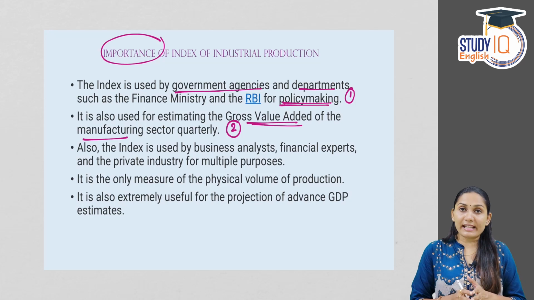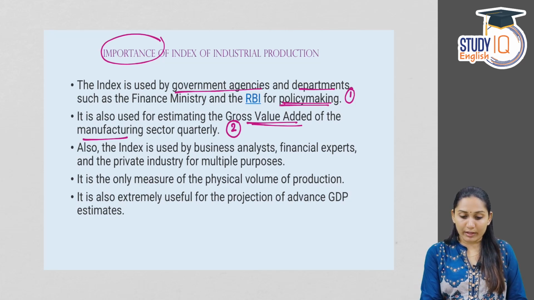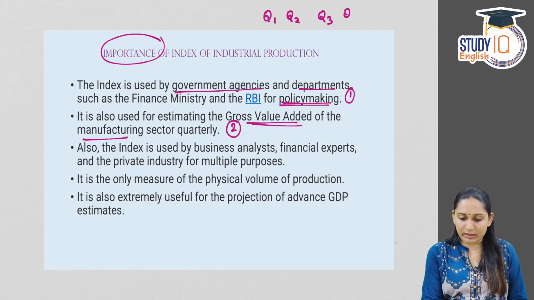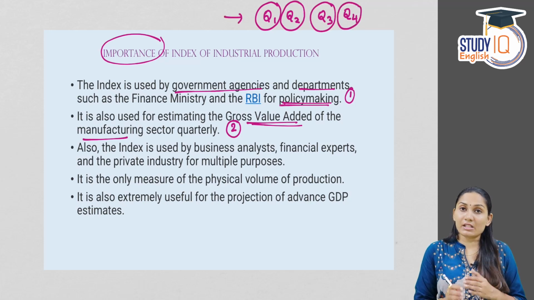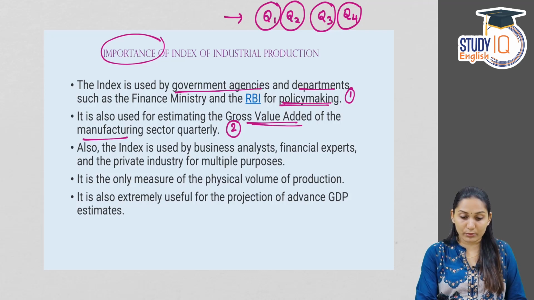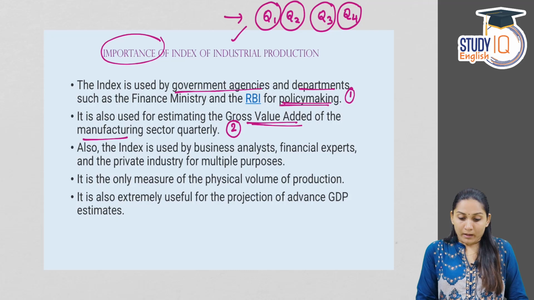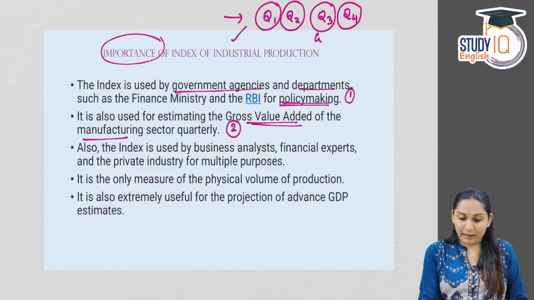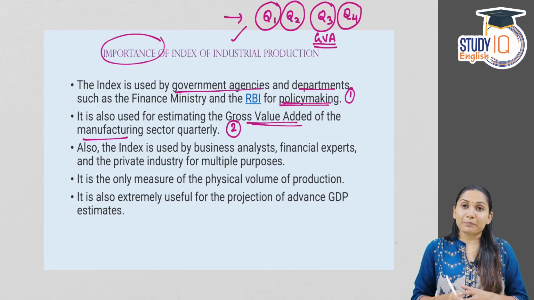We know a financial year in India is divided into 4 quarters, Q1, Q2, Q3 and Q4. So for each quarter, growth has to be estimated or calculated. Now to calculate the GVA, gross value added: what is GVA?